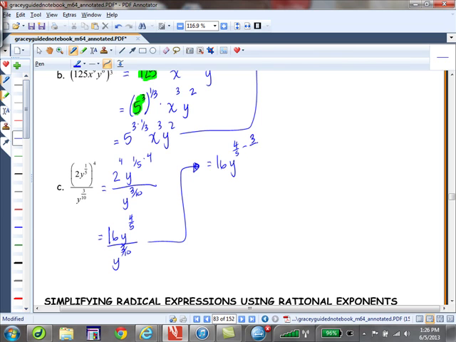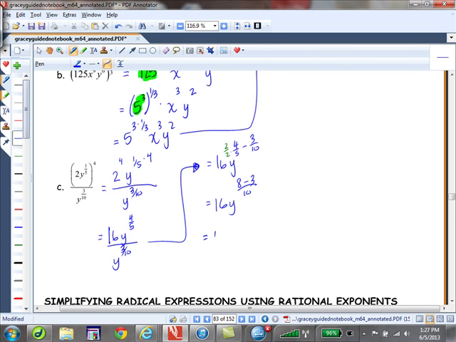We have the same base and we're dividing. So we subtract the exponents. So now it gets a little tricky. We got to get a common denominator. So if I multiply 4/5 by 2 over 2, I'll get the common denominator of 10. So this will be 16 times y to the 8 minus 3 all over 10.